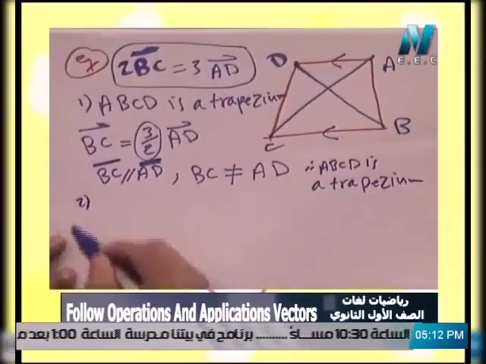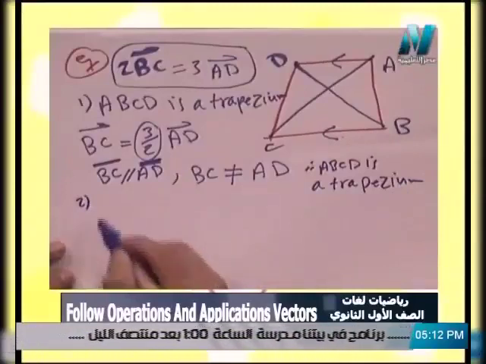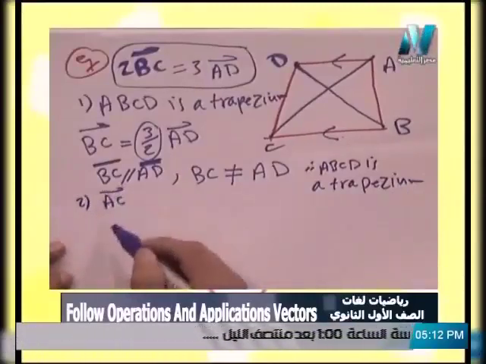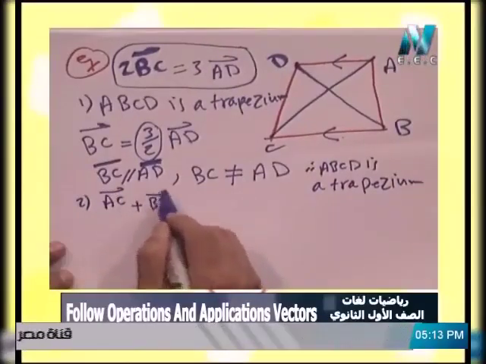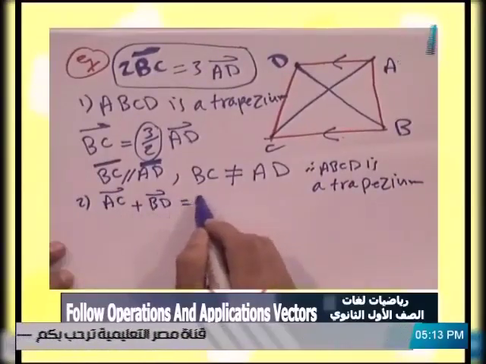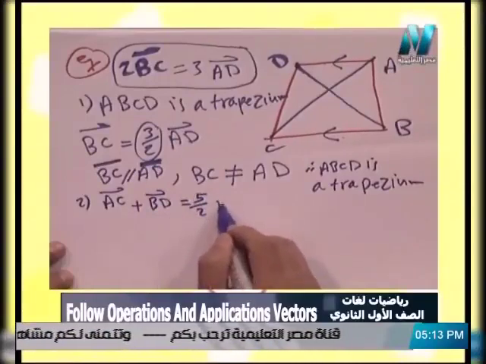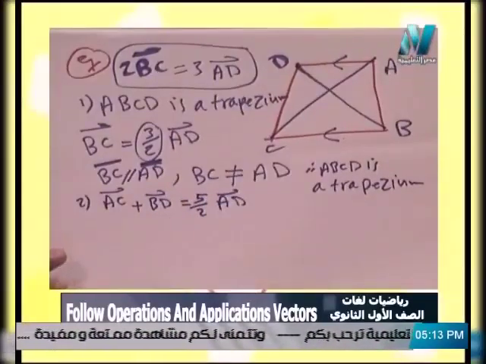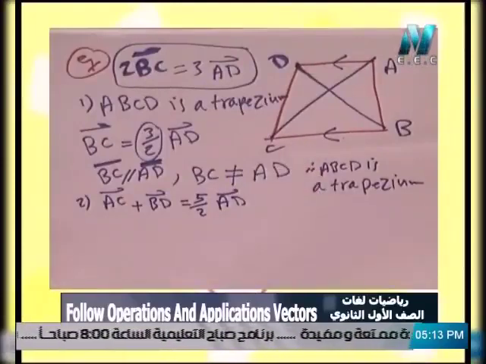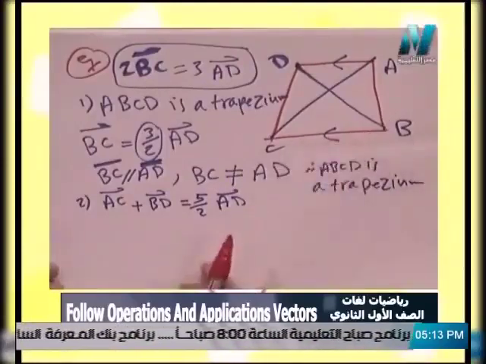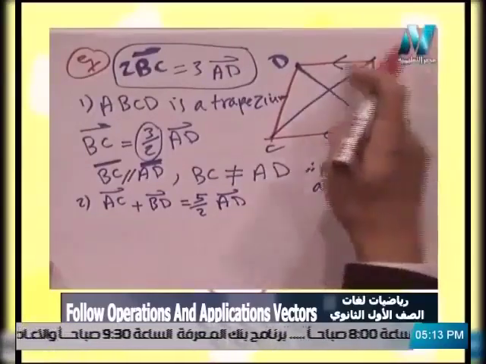The next request is to prove that the vector AC plus the vector BD equals 5 over 2 the vector AD. Look carefully at this drawing here. We have a quad and we have AD here.